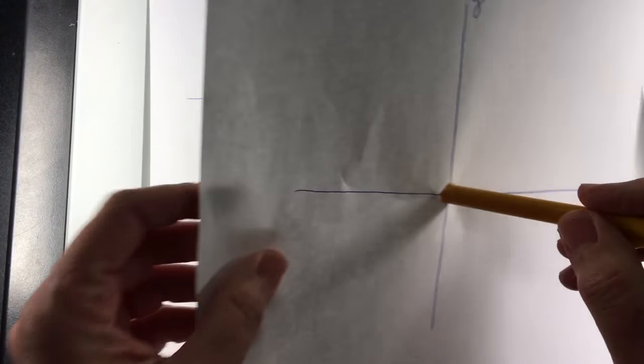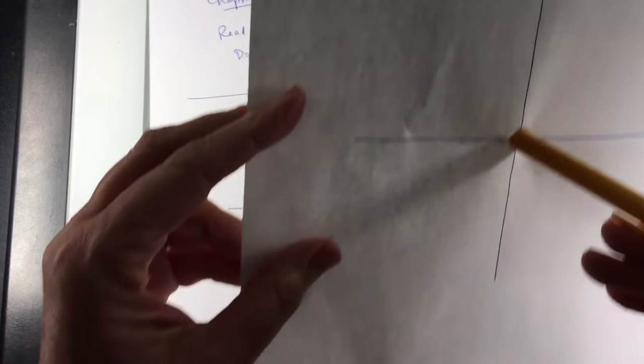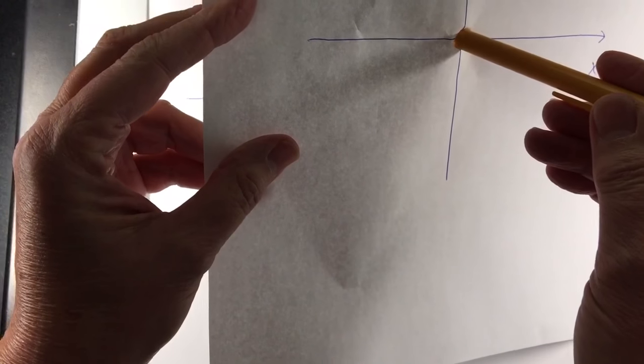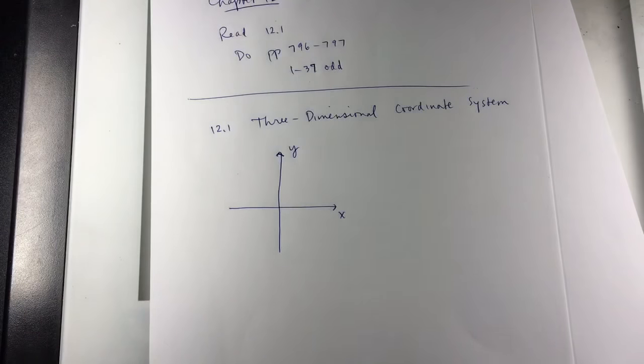So there's my Z axis right there. So we're doing 3 space. And you probably saw 3 space in high school at some point. Is that correct? Some of you. Yeah? Okay. So we're doing 3 space.